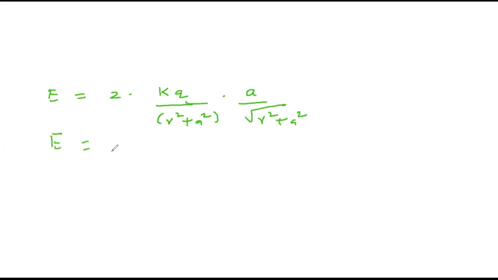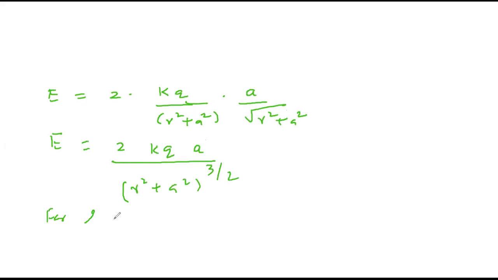So E equals 2 times kq upon (r square plus a square) into cos theta. Cos theta is the adjacent side a upon the hypotenuse root of a square plus r square. So I can write 2 times kq into a upon (r square plus a square) raised to 3 by 2.